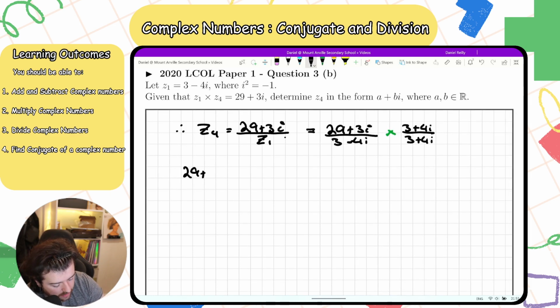So 29 plus 3i times 3 plus 4i, over 3 minus 4i times 3 plus 4i.